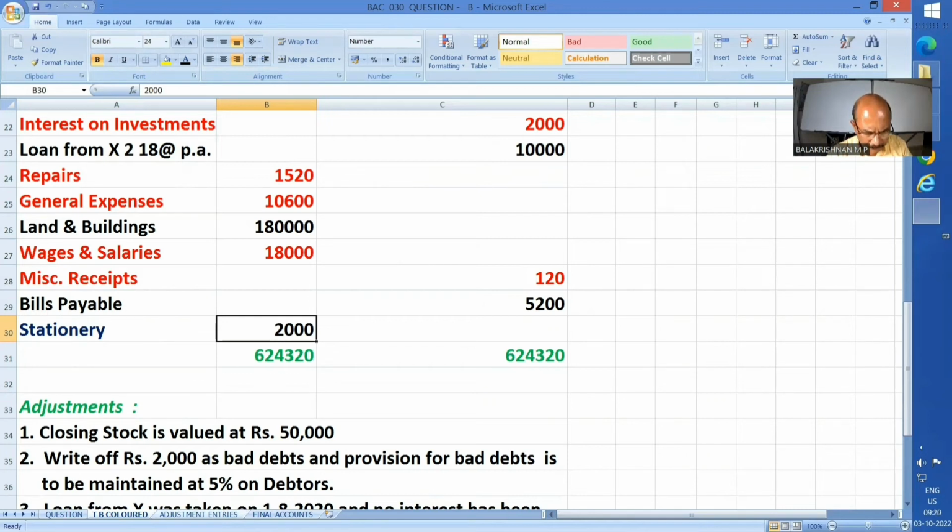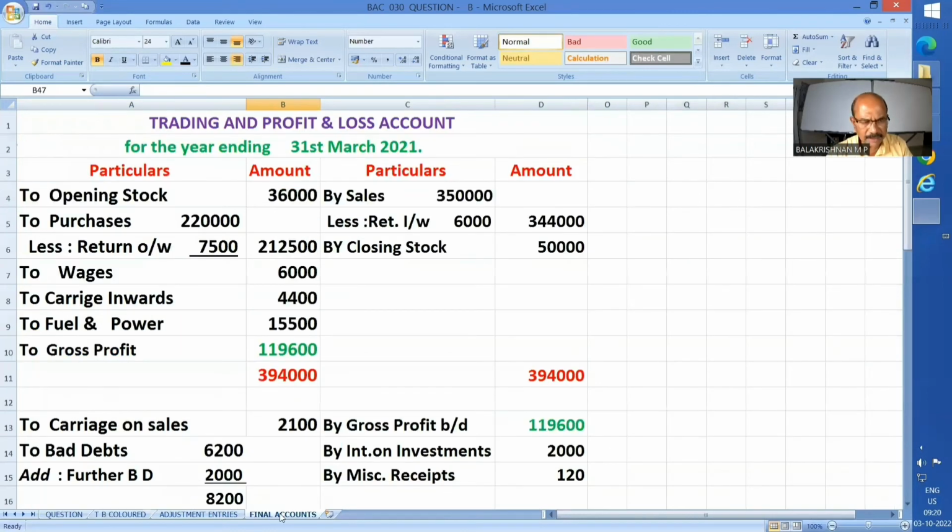That's all. Now let me deal with the three sections of the final accounts: trading account, profit and loss account, and balance sheet. First, trading account. I just shifted those items which have been clearly given separately. I have shown it with different color.